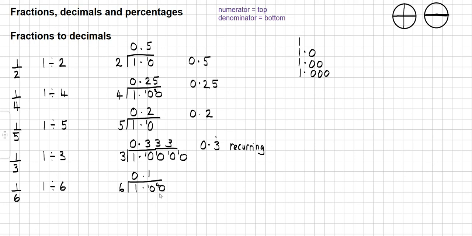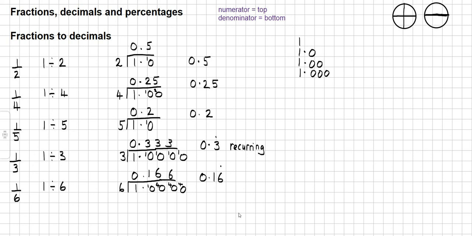We're going to put a new 0 there. 6 into 40 goes 6 times. 6 times 6 is 36. So we're going to have 4 left over. And can you see that again we're getting into this pattern of recurring numbers. 6 goes into 46 times, remainder 4, and so on. So we can write this as 0.16, and we can put a dot above the 6 to show that that is a recurring number.